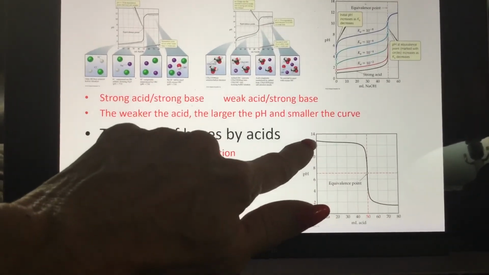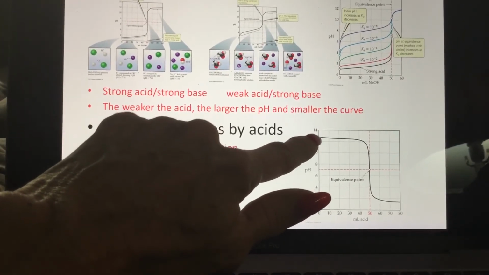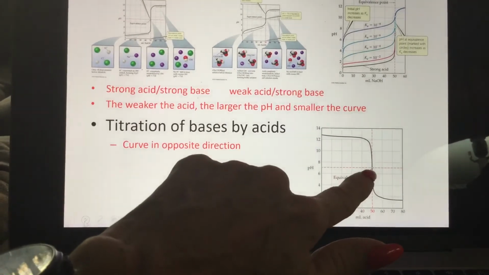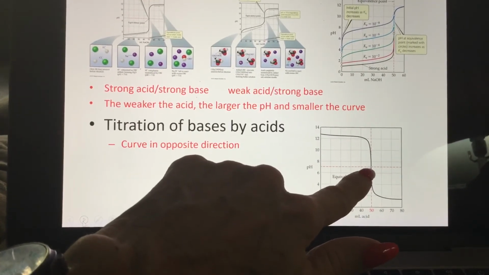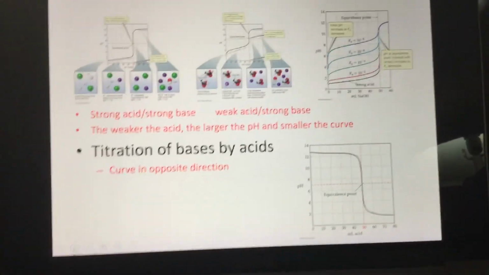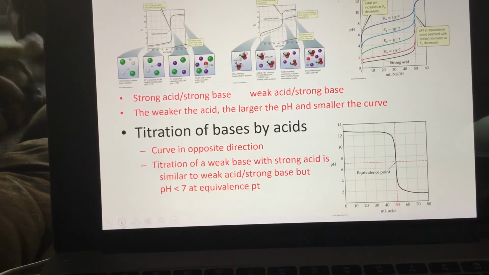We're going to start up here with a high pH because we just have strong base only. As we add the strong acid, the equivalence point is still going to be at 7 because we'll still have a salt and water. Past the equivalence point, we have excess hydrogen ion. So the curve will look the same, just in the opposite direction.